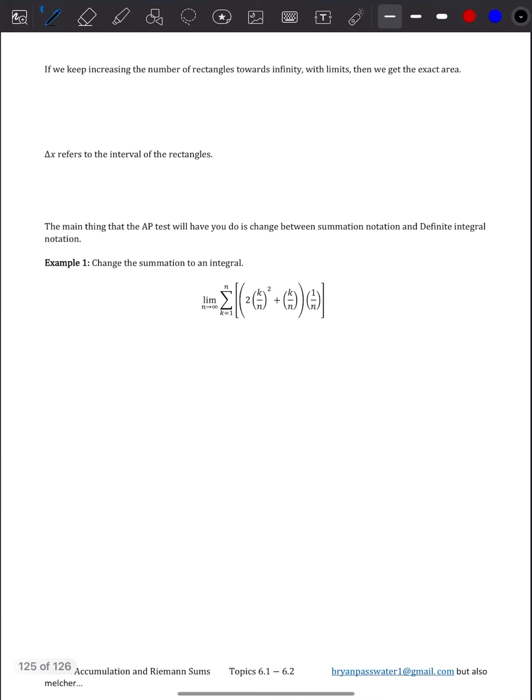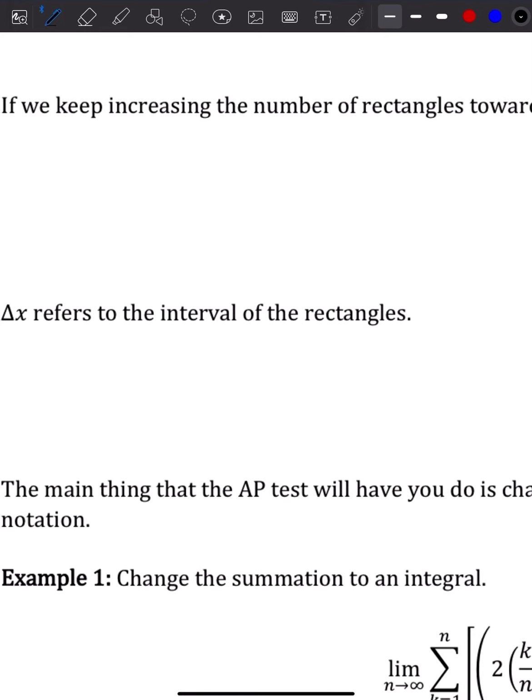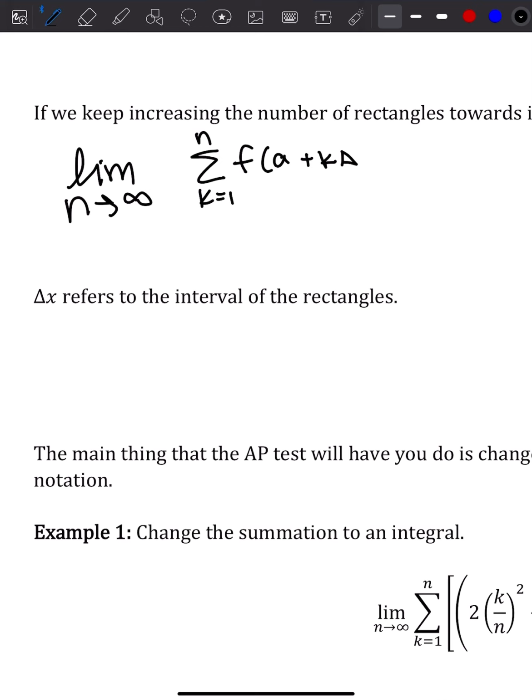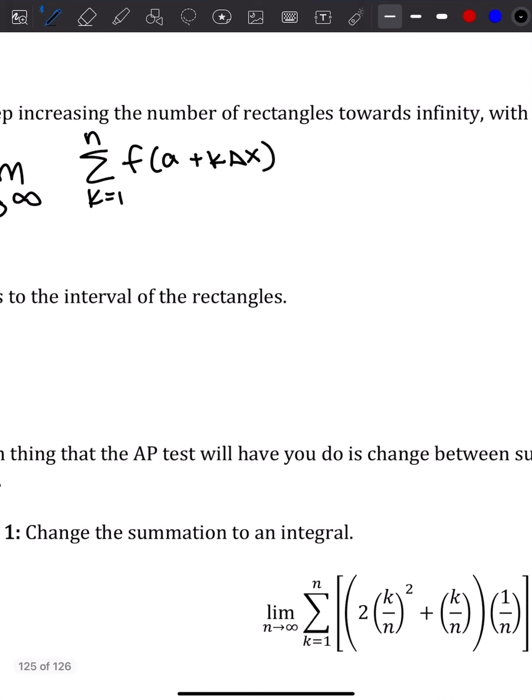So what we're going to do is take those things and kind of help us out by adding them to a limit. So if we increase the number of rectangles towards infinity with a limit, we have the limit as n, because it's the number of rectangles, goes towards infinity, of our summation from k equals 1 to n, and we're going to use our f of a, so our function where we have a starting x value a, plus our change in x times our index.